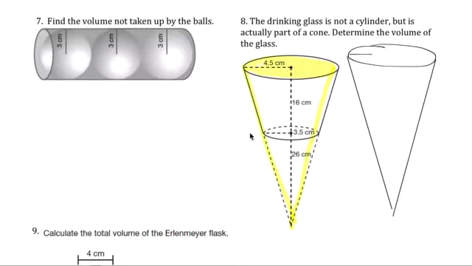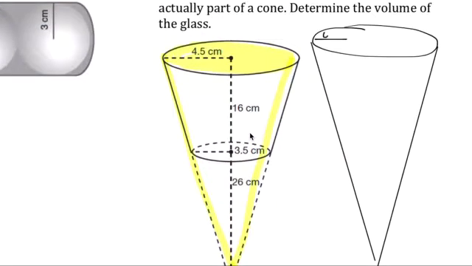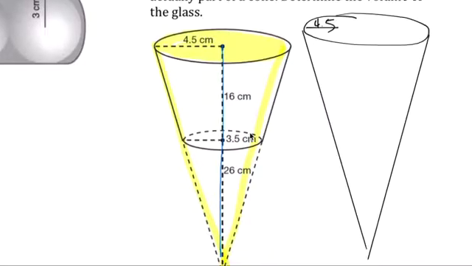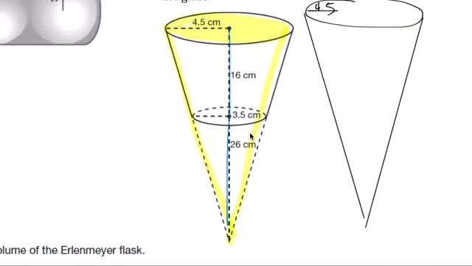And it is 4.5, the radius, and the height is this whole thing right here. That is 42, because 16 plus 26 is 42 centimeters.